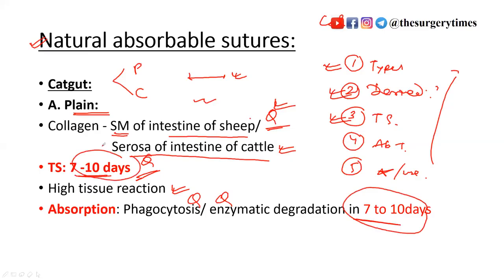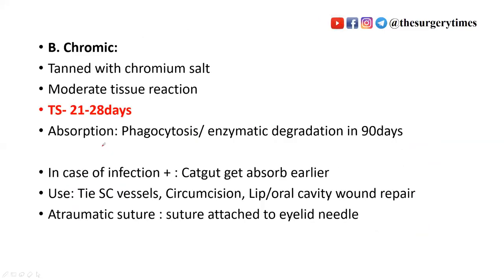Remember all these points. Now next is chromic catgut. It is tanned with chromium salt only. This is the difference between plain and chromic catgut, and that's why it is called chromic catgut. Here there is moderate tissue reaction; plain has high tissue reaction and chromic has moderate. The tensile strength in plain is 7 to 10 days, here it is 21 to 28 days, almost 1 month. Next is absorption.